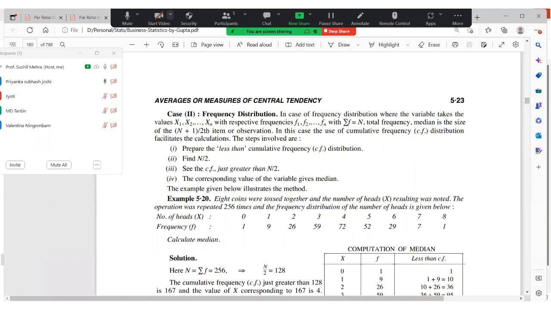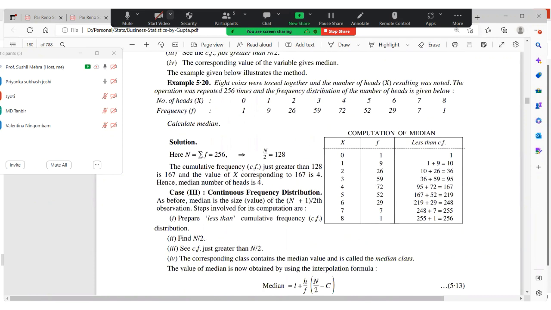For the frequency distribution, that is in case of a discrete series, we take n plus 1 by 2. I'll explain in this example. This is a discrete series. The first column is the number of heads, that is x, and this is f. You can see all these are in ascending order from 0, 1, 2, 3, and so on. These are the corresponding frequencies.